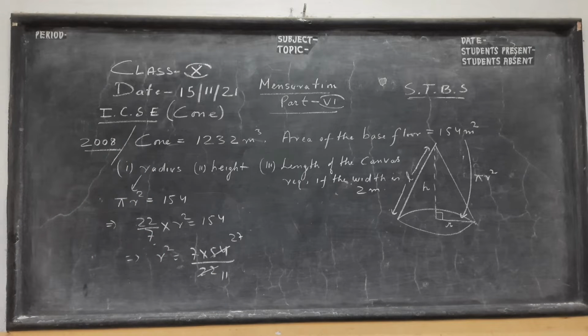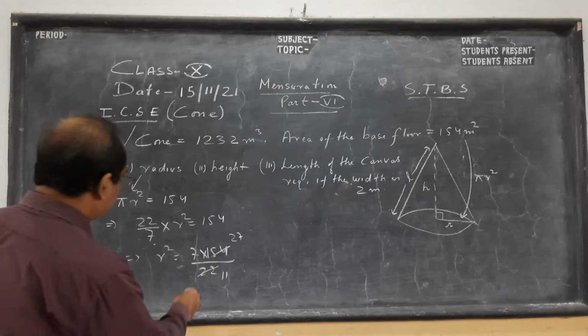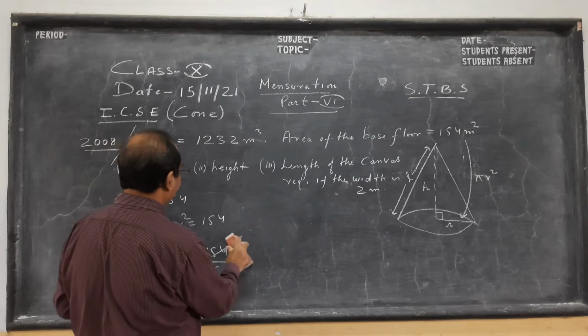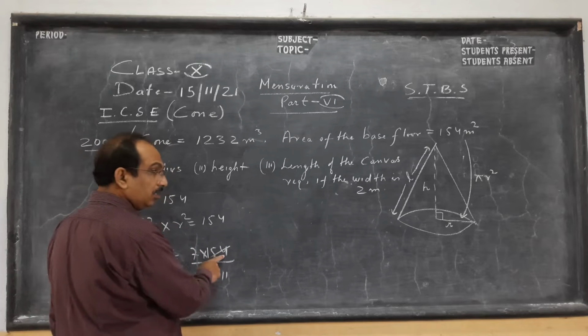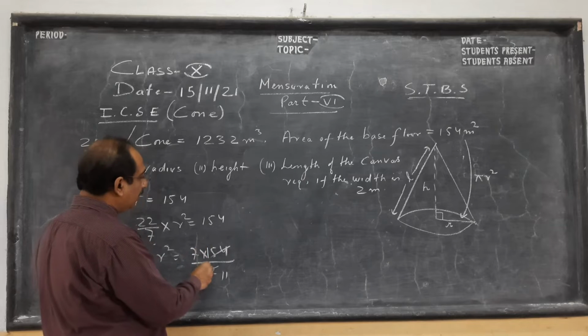Pi r square is 154. So here if we cancel, we have 154. This is not 54, it is 154.